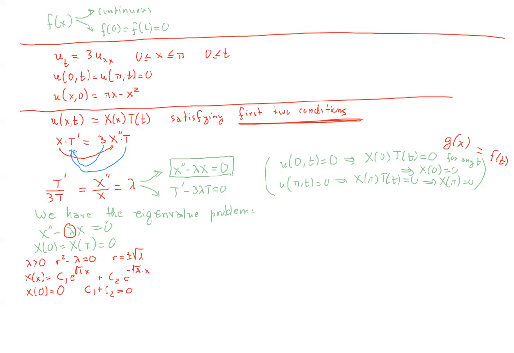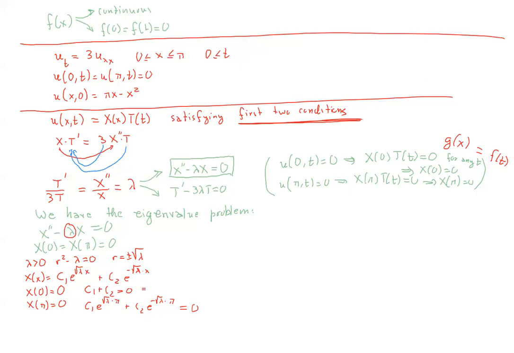When you want x of pi to be 0, that forces c1 times e to the square root of lambda times pi plus c2 e to the negative square root of lambda times pi to be equal to 0. But do you see what happens now?